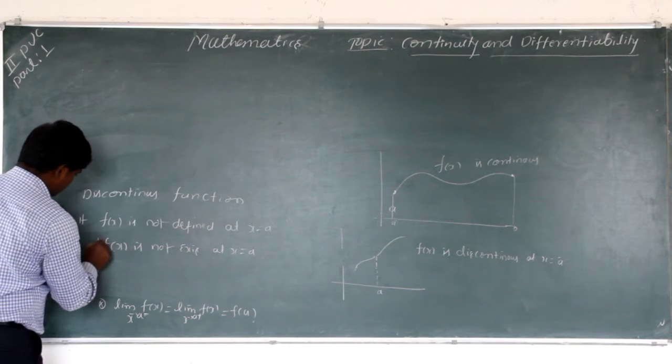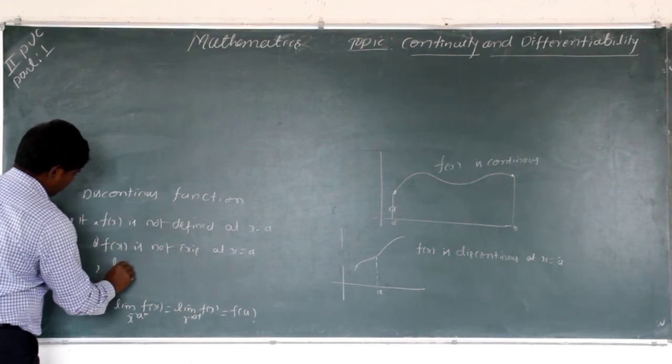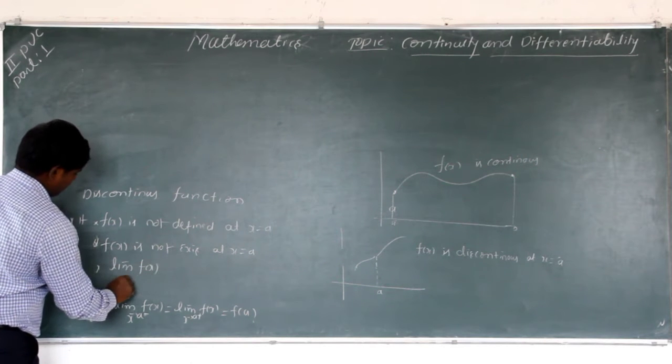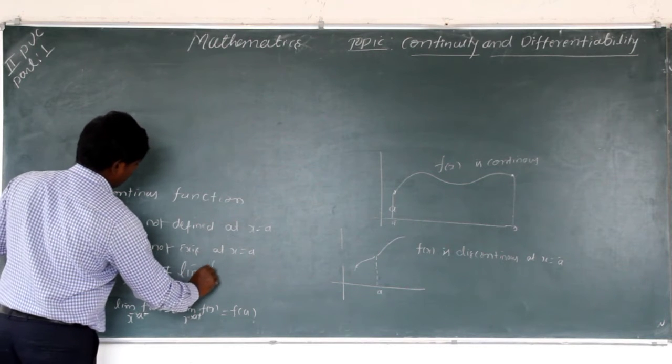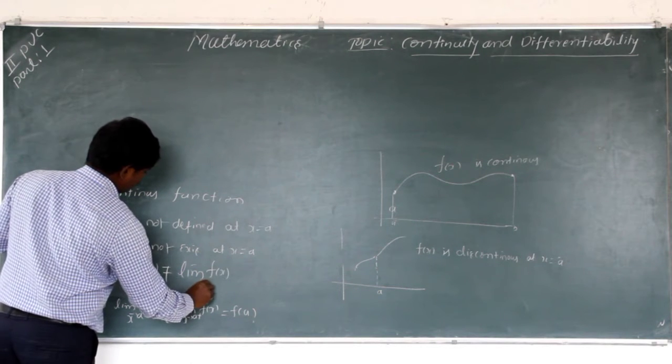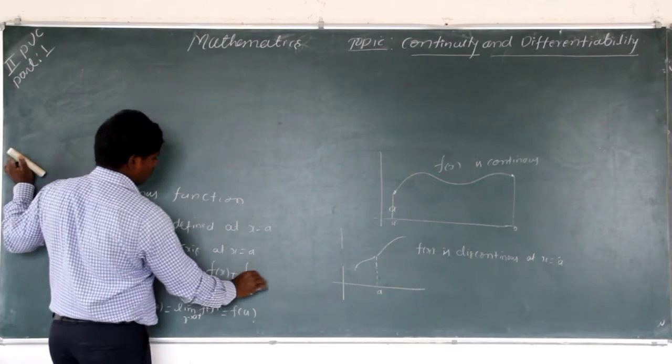And the third is the limit of f of x as x tends to a minus is not equal to the limit of f of x as x tends to a plus, which is not equal to f of a.